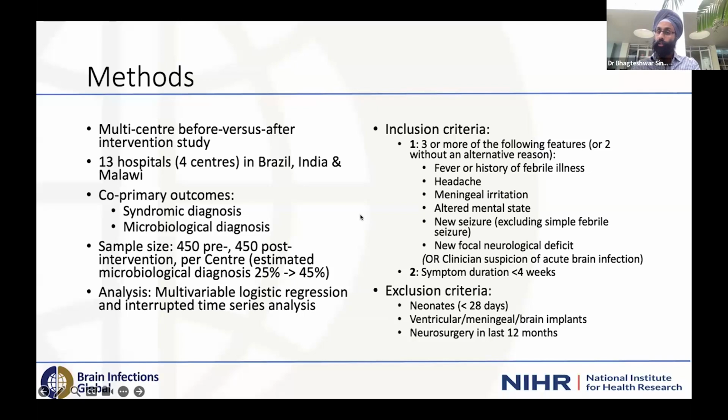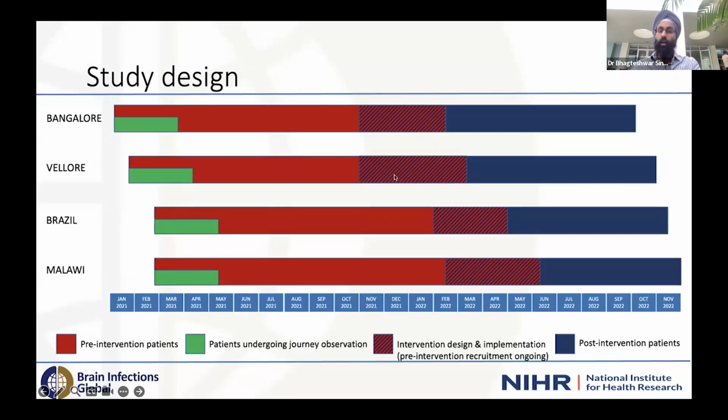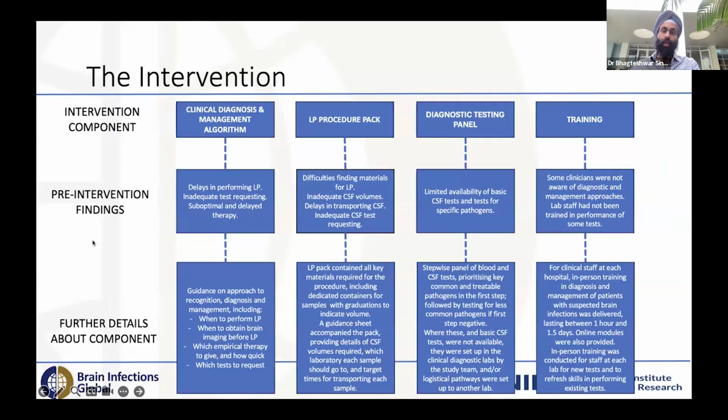I'm not going to go through the rest of this, and we can have questions later if needed. So we had a period of intense observation at the start in each center, and looked at what was happening in pre-intervention patients. We started to design an intervention and then actually implemented it as these blue boxes at the end.